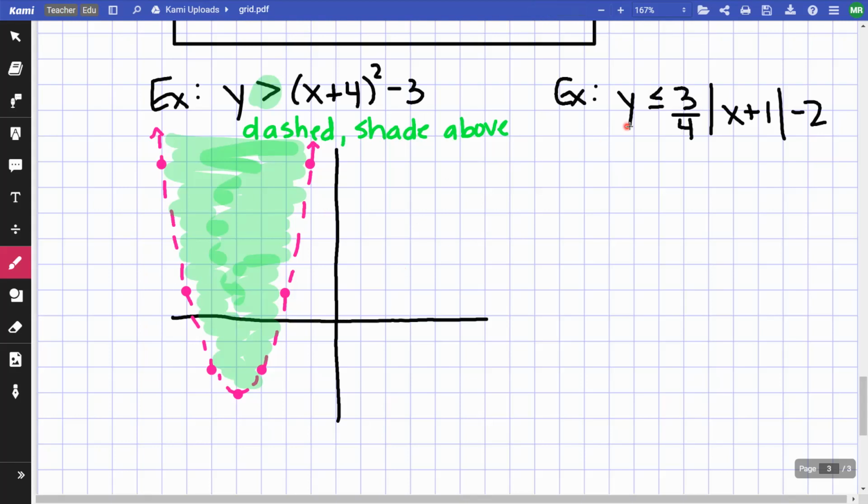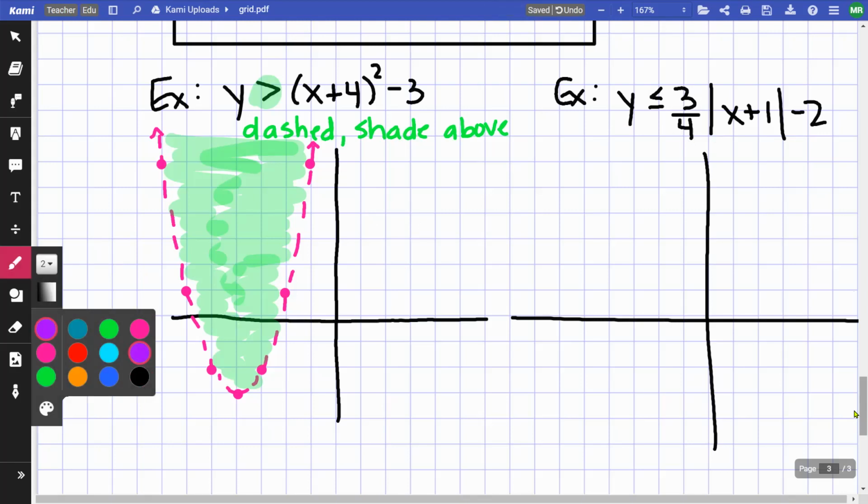So if I have y's less than or equal to the opposite value of, or sorry, 3/4 times the opposite value of x plus 1 minus 2. For this one, again, I want to find my vertex. I find my vertex the same way I did for the parabola. What makes this 0? -1, comma, -2.